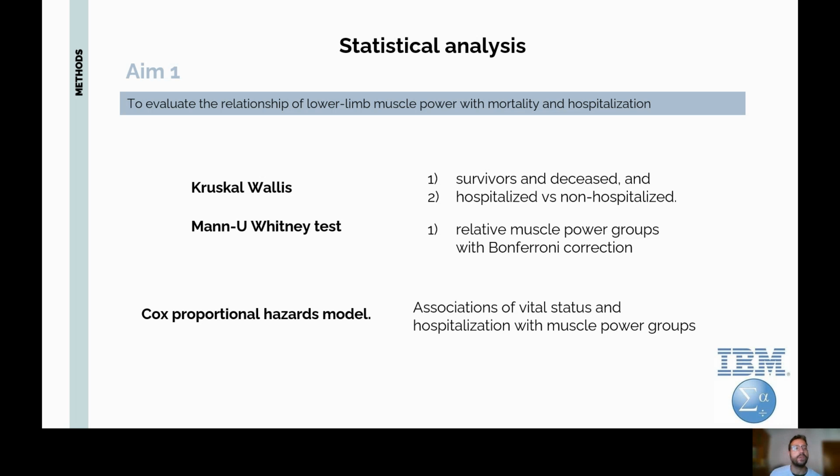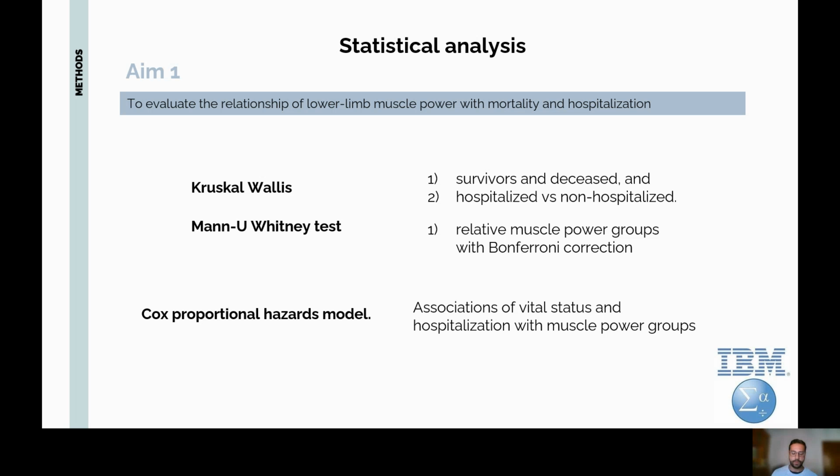For our statistical analysis, for the first aim, we compared the survivors versus deceased and hospitalized versus non-hospitalized subjects. In the following test, we compared the relative muscle power groups, for which we used tertiles.